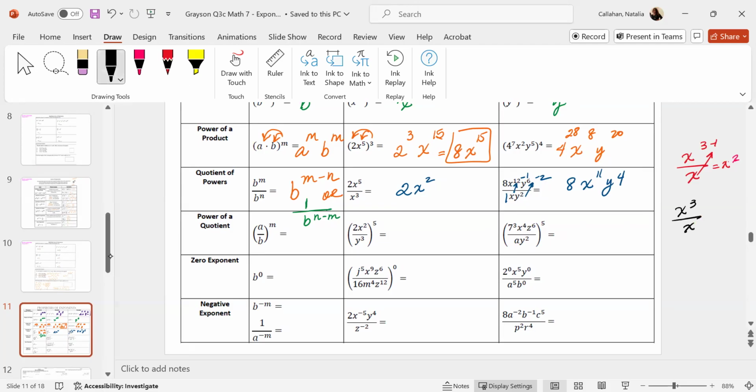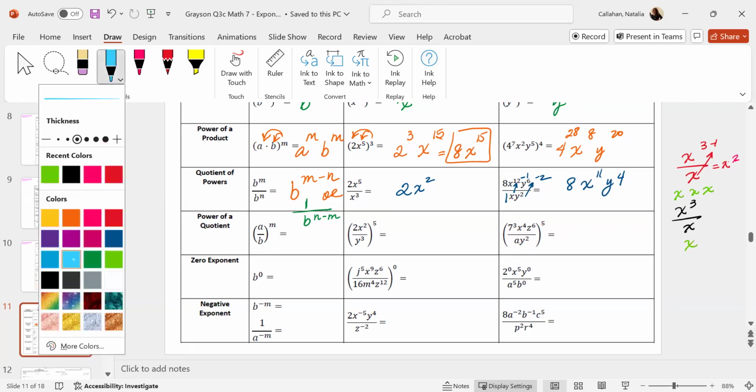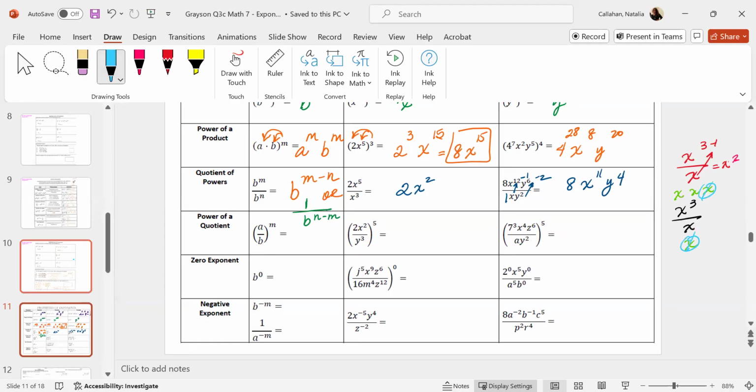What this means is that I have 1, 2, 3 x's on top of 1 x down here. Do you see how this x and this x cancel? So how many x's on top do you have? 2. So it's x squared, not 2x, but x squared. Does that make sense? That's why when you subtract them, you lose one of them, or however many you have. Okay, all right, so then continue on.